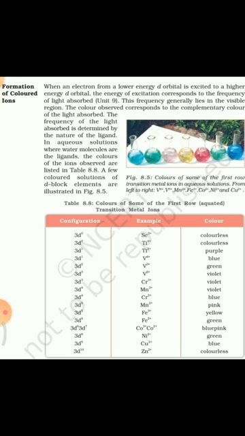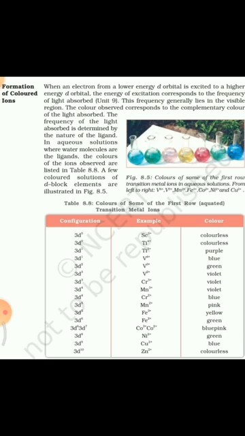But when the ligands approach the metal, about ligands you will study in coordination compounds, the 5 degenerate d orbitals split up into 2 sets of orbitals, that is lower t2g orbitals and higher eg orbitals.